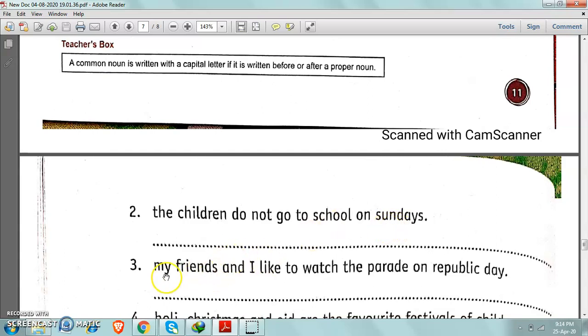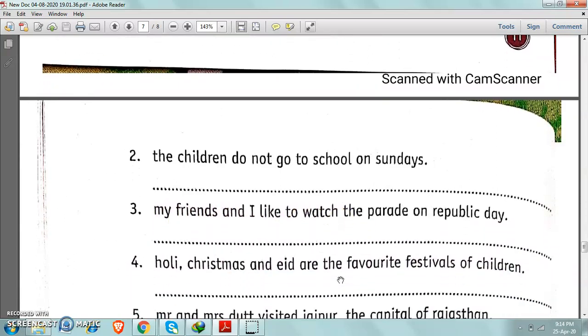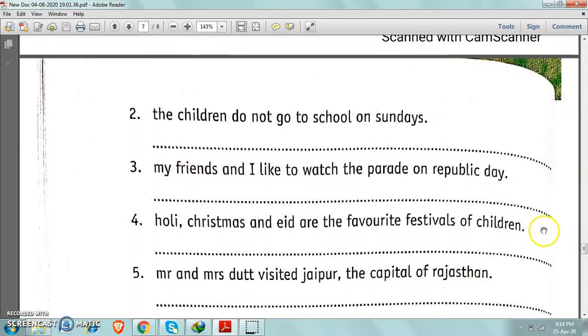Remember it. My friends and I like to watch the parade on Republic Day. Here, a full stop is given at last, but the first letter is not capital. So we will write here M capital and the other words are the same, but Republic Day is a special day. So if we have some special things, we write the first letter capital. So R will be capital. Now, come on number 4.